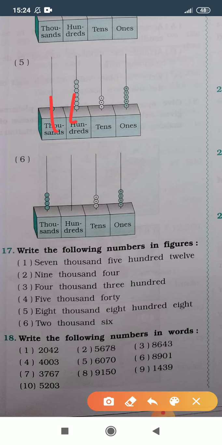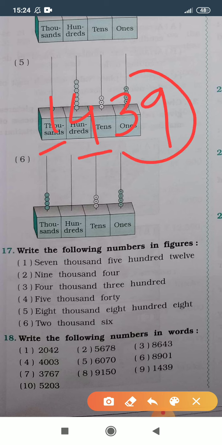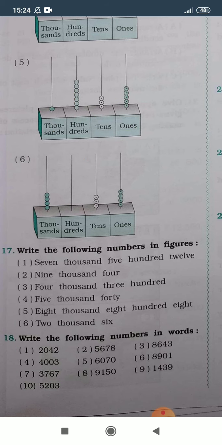Next one is 1439. So 1439 is your answer. Now this 10th one you need to write in your homework. All these questions you need to write in your notebooks as notes.